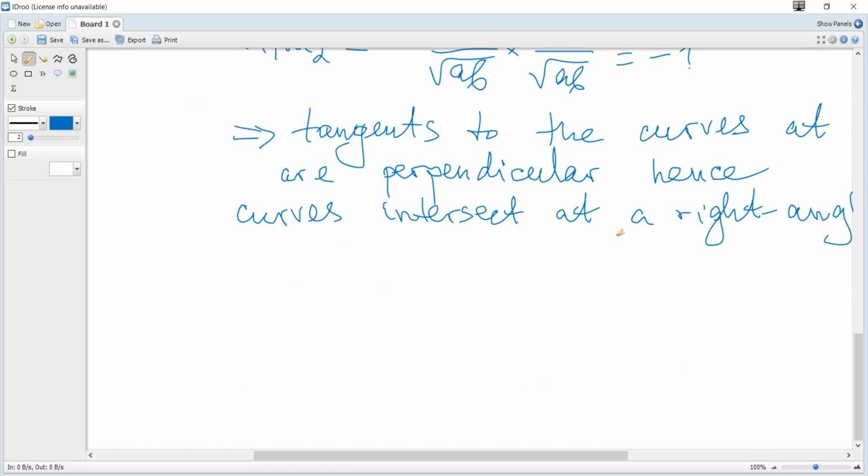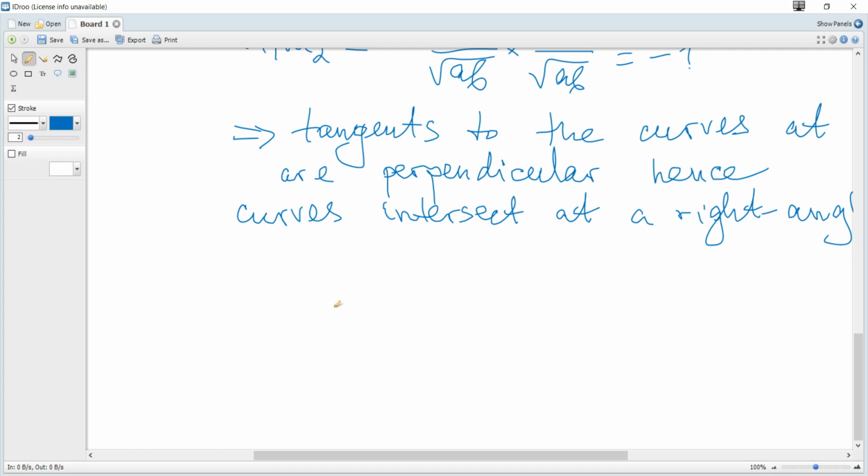The next, consider two families of curves F and G. The gradient of F is denoted by f of x, y, and gradient of G is denoted by g of x and y. Each member of F intersects every member of G at an acute angle alpha.